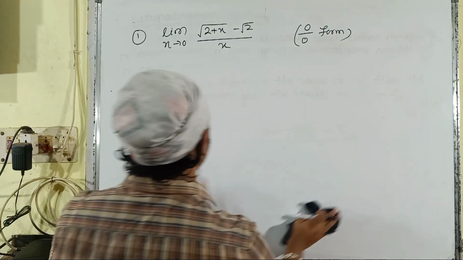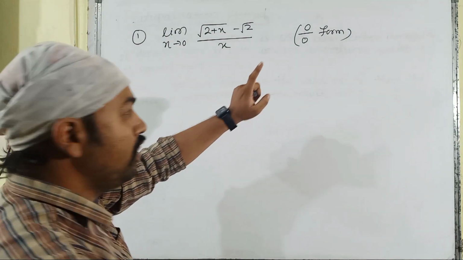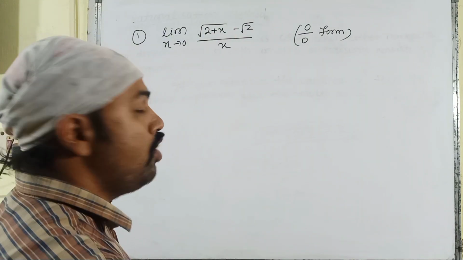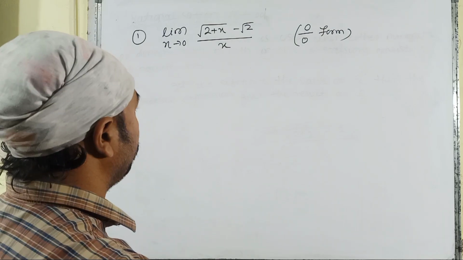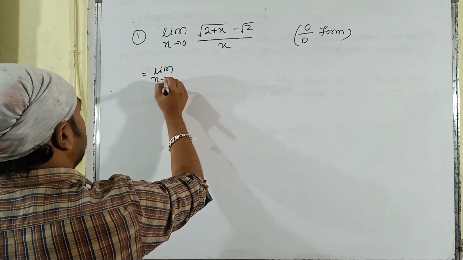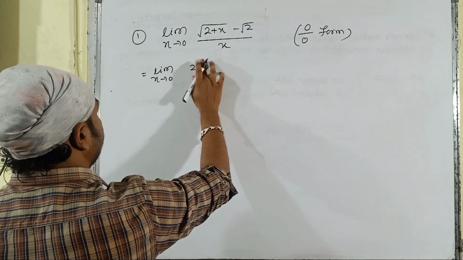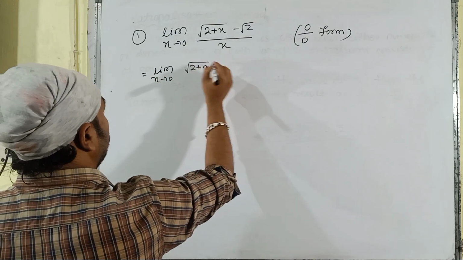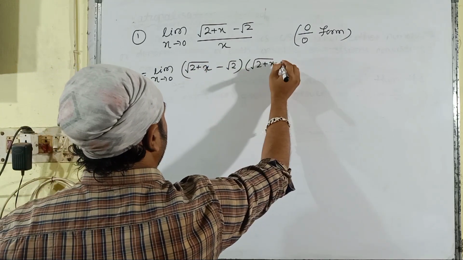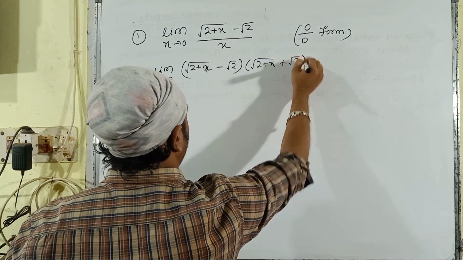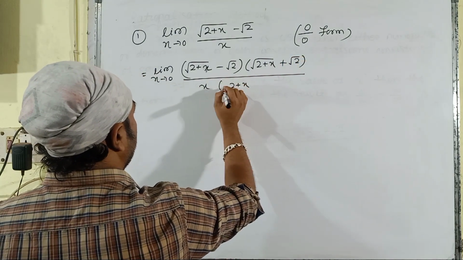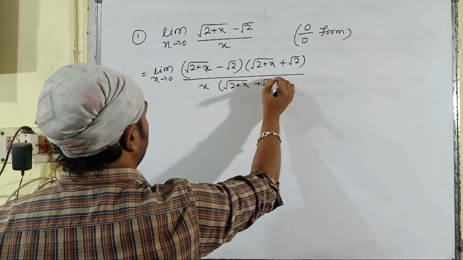So by rationalizing the numerator, what do we have to do? We just have to multiply by the conjugate of the numerator. Limit x tends to 0, and the conjugate is square root of 2 plus x plus square root of 2, whole divided by x multiplied with square root of 2 plus x plus square root of 2.